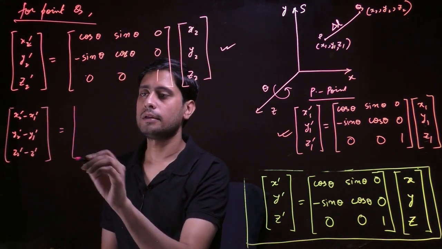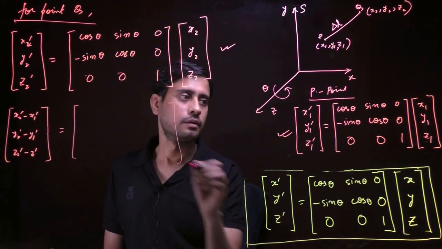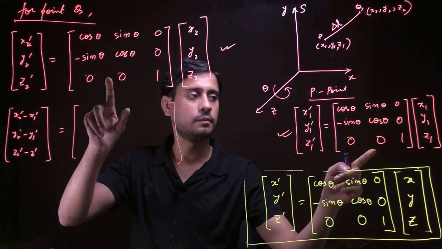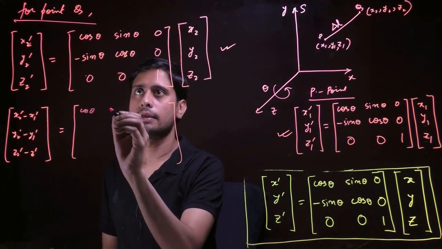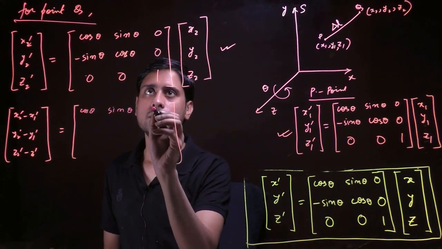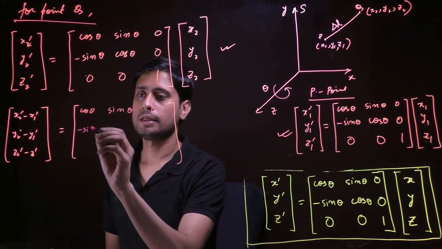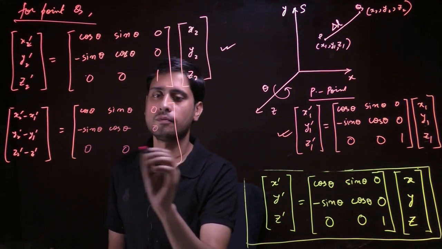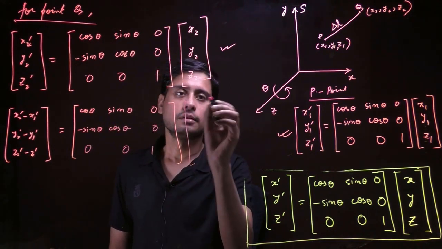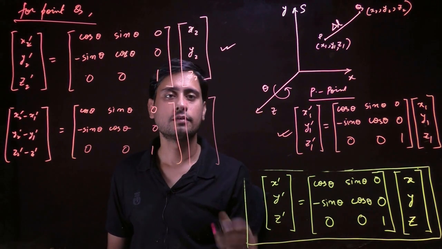And the same matrix in these two equations, we have the same matrix, so it will be common. So you have cos theta, sin theta, 0, minus sin theta, cos theta, 0, 0, 0, 1, and only the column matrix will be subtracted.